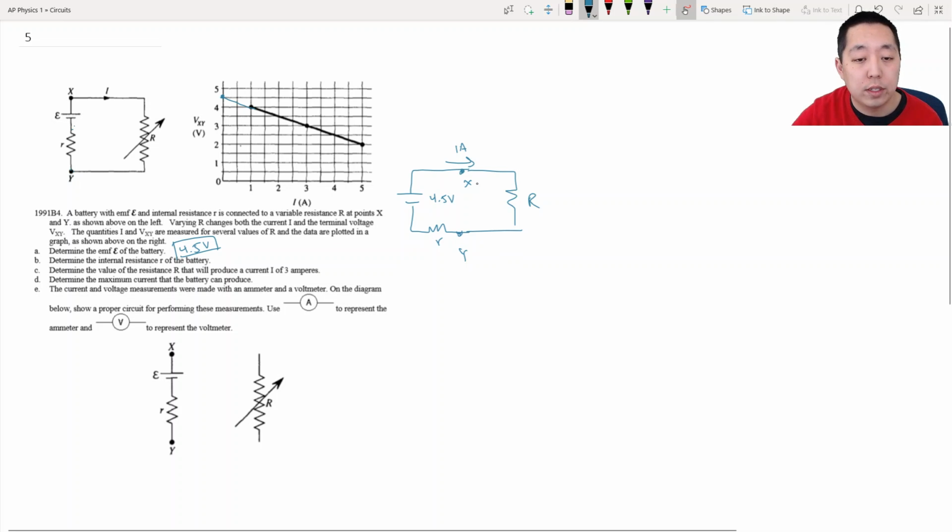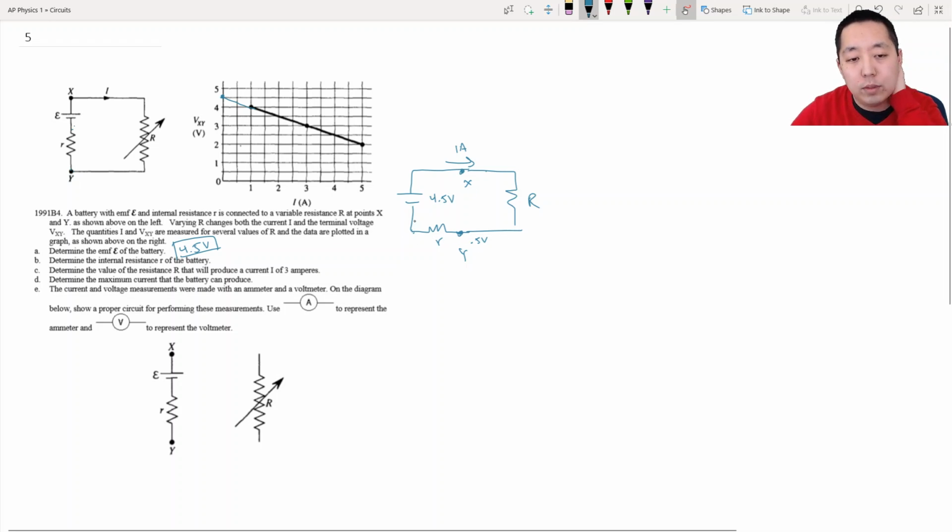So if this is 0, I go up 4.5 volts, there's a 4.5 volt difference here, and then I drop 4 volts. I know that this is half a volt higher.